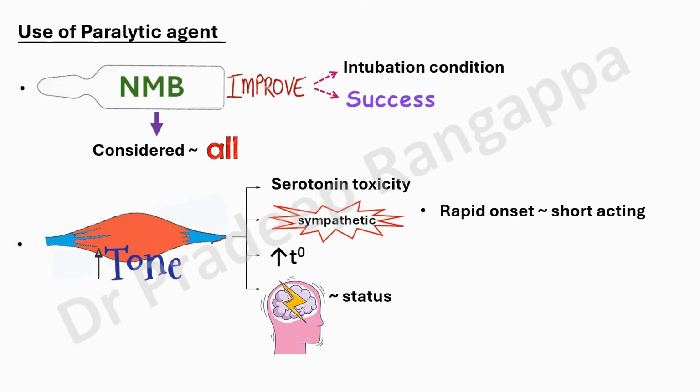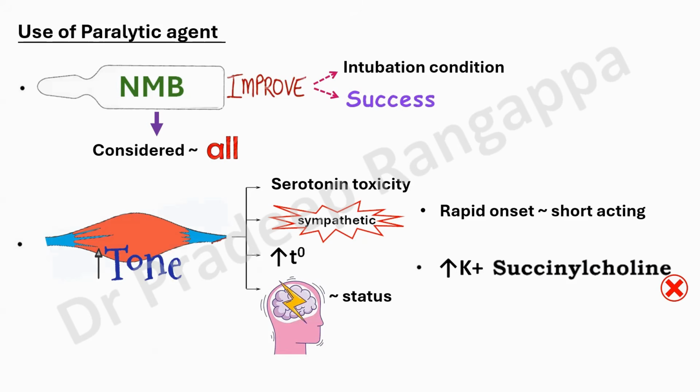Rapid onset, short acting muscle relaxants are to be used, so drugs like succinylcholine can be used. If there is hyperkalemia, then one has to avoid using succinylcholine. So these are the general principles of the choice of sedatives and paralytics that one should consider whilst intubating.